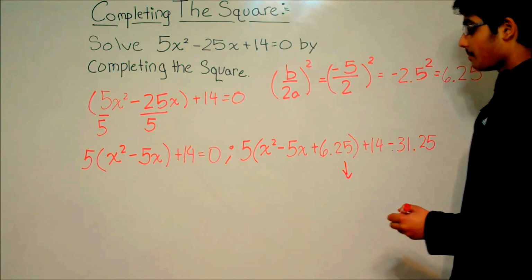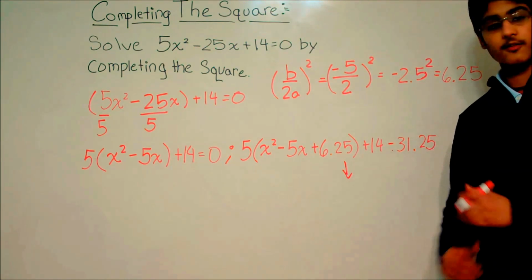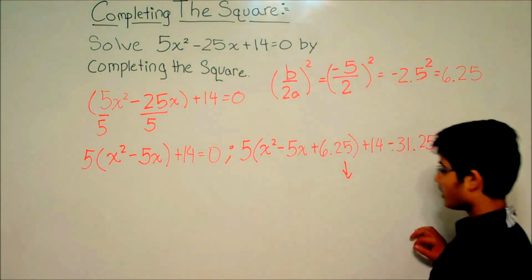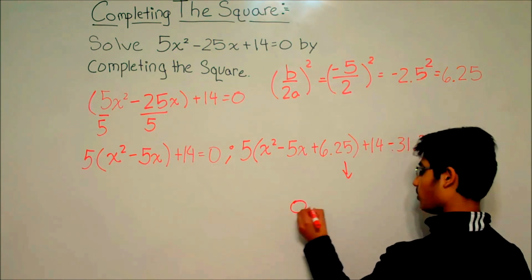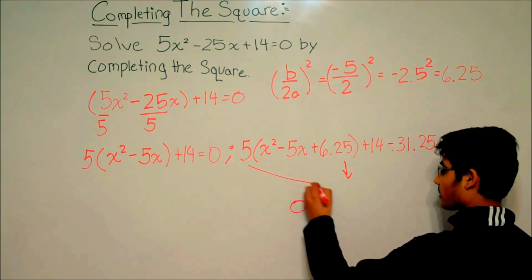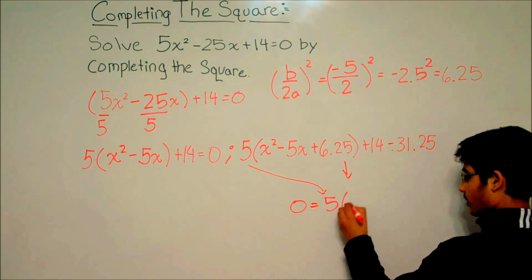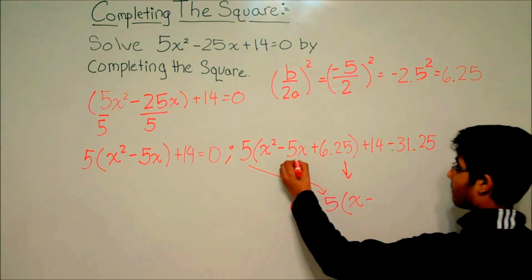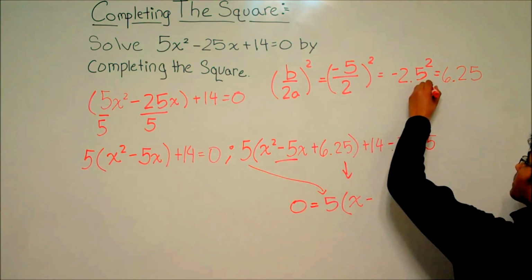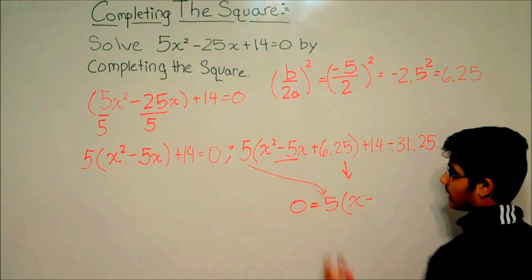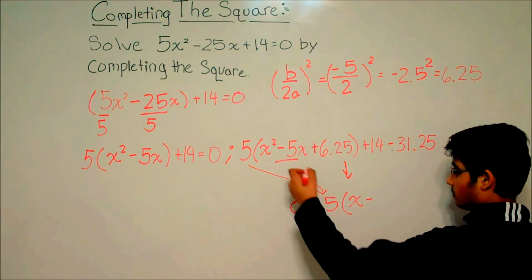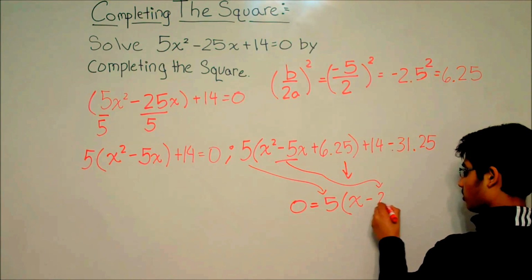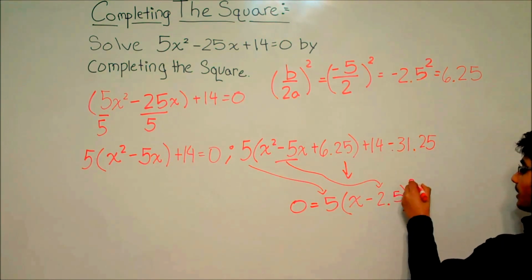The reason it is a key step is because now we can convert it to vertex form, because this is a perfect square trinomial. So, in vertex form, we have 0 is equal to, this a value comes down here, 5 times, in parentheses, x minus, now what goes here would be half of this. So half of negative 5 is, as we know, negative 2.5, so minus 2.5 squared.